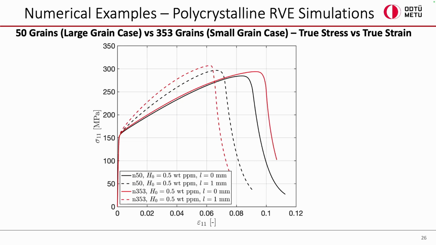As the grain size changes, the local model cannot capture it, because the curves are almost on top of each other. But as the grain size changes for the non-local model, we can capture this effect. So maybe it's still better to get the experimental data with the non-local models.